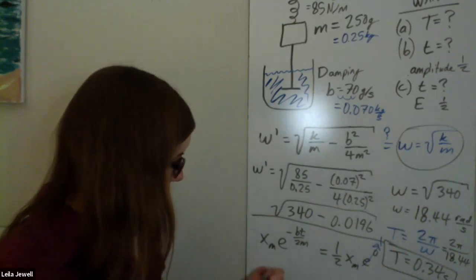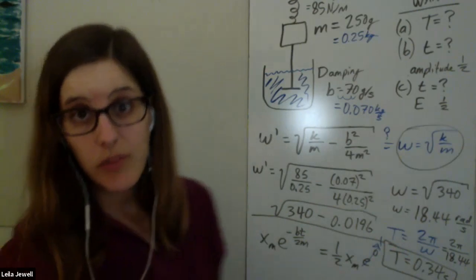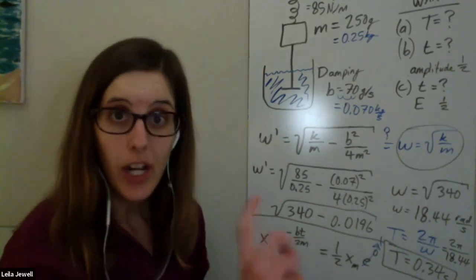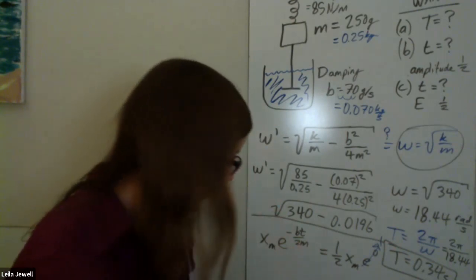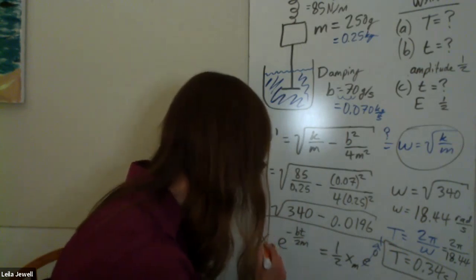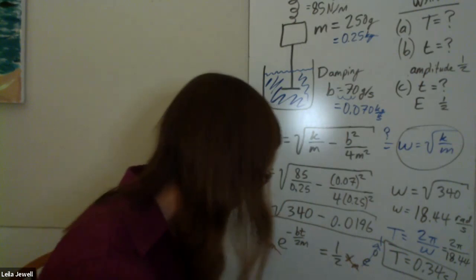So now we notice if we're solving this, we have xm on both sides. Because we're getting a fraction of the initial amplitude, it doesn't actually matter how big the amplitude was initially. That part just cancels out here. So we can divide that out. And then we have an exponential equal to 1/2.